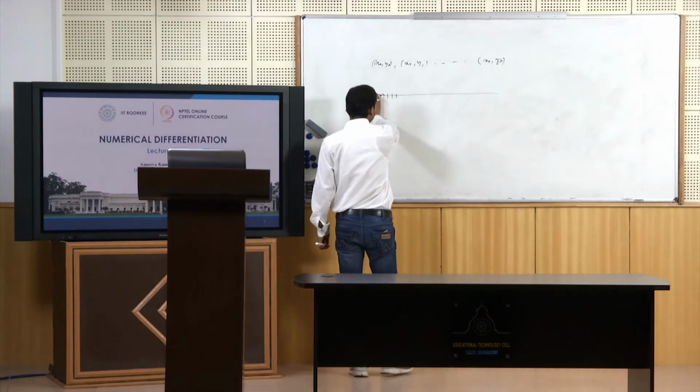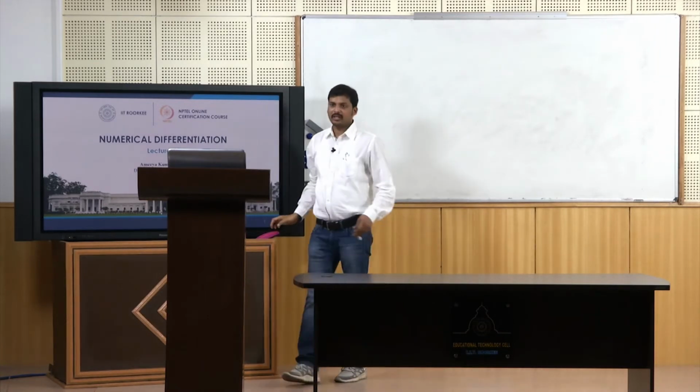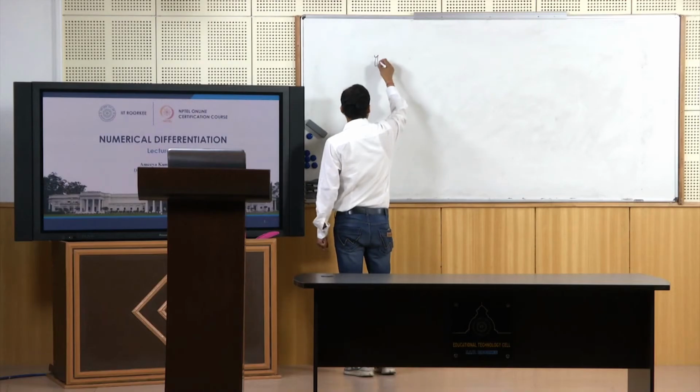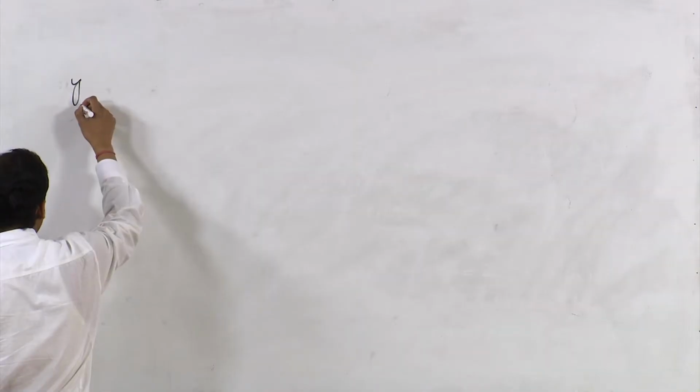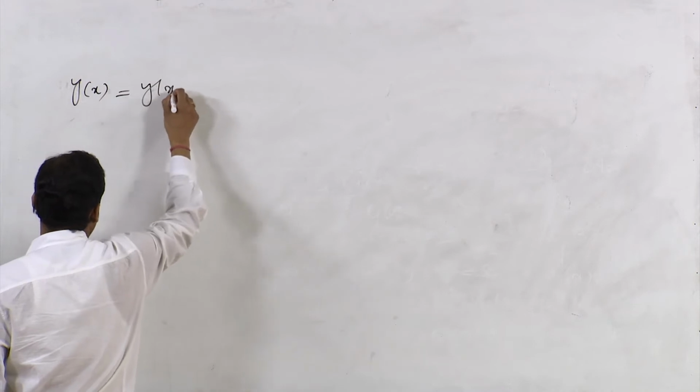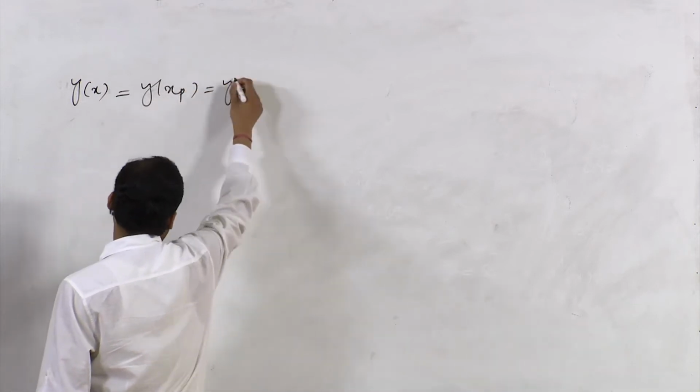So basically this interpolating polynomial for Newton's forward difference formula is expressed as y at any point x p, or we usually write y of x, or y p.